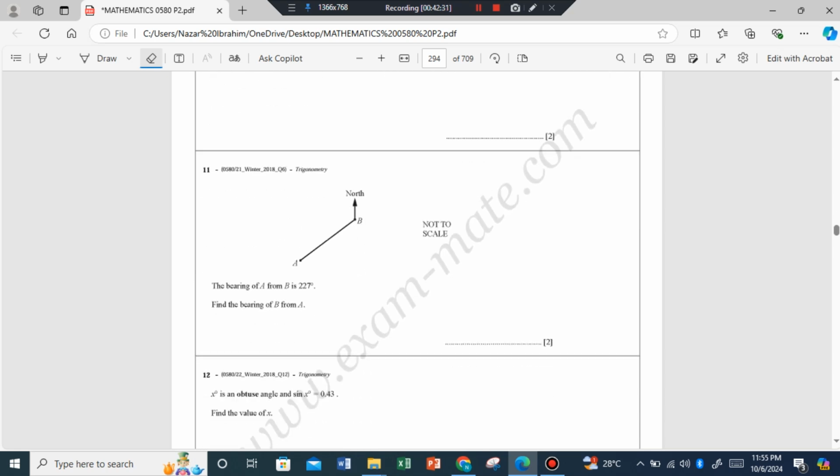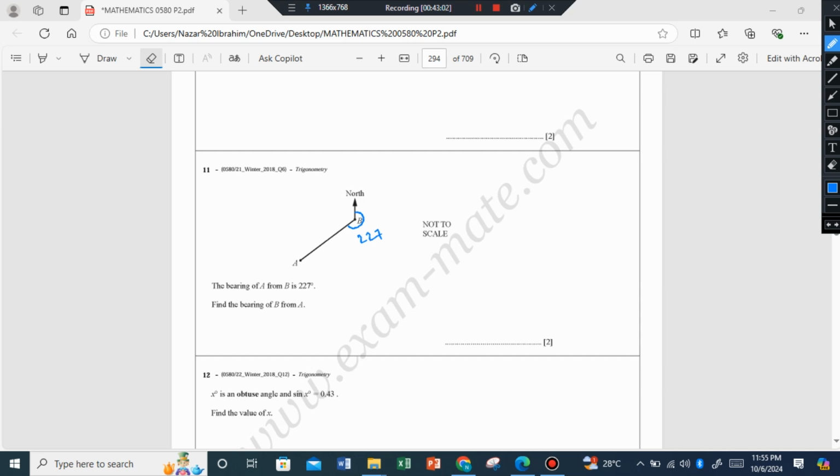Question number 11 is the bearing of A from B. See, the bearing is of A from B, right? The letter written after 'from' is the point from which the measurement of the angle is taken. So bearing of A from B means from the north of B. This is 227, right?